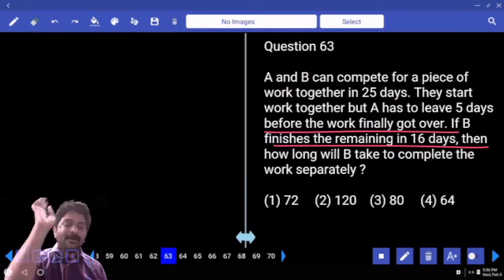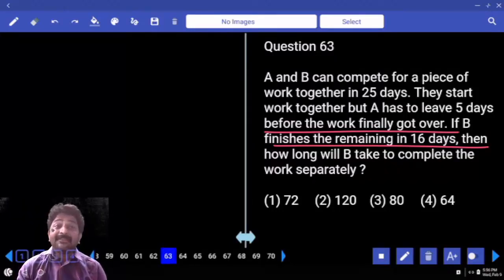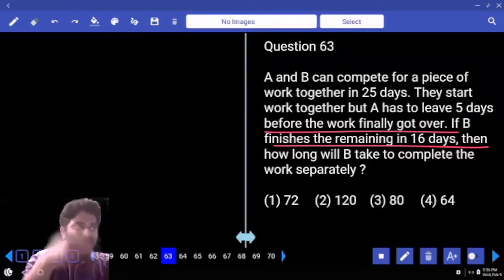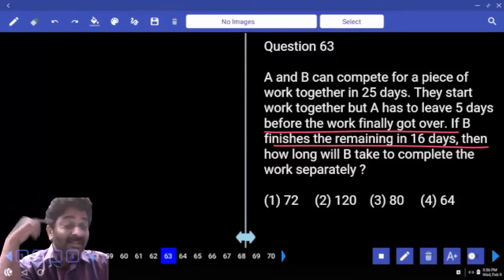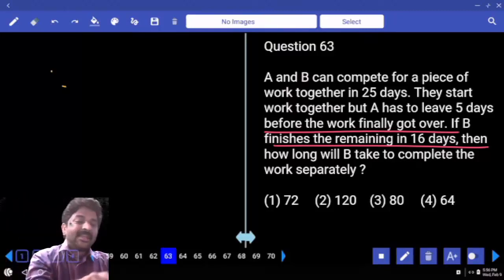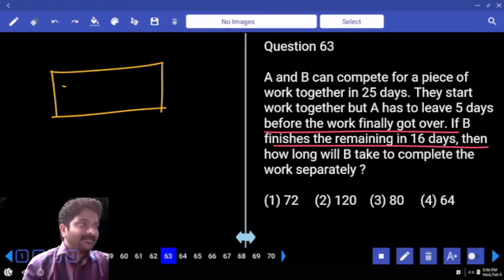Okay. They already started work, and when did A left? 5 days before, right? If A is there for 5 more days, both AB together can complete the work in how many days? 5 days. They already started the work. They have done some work.